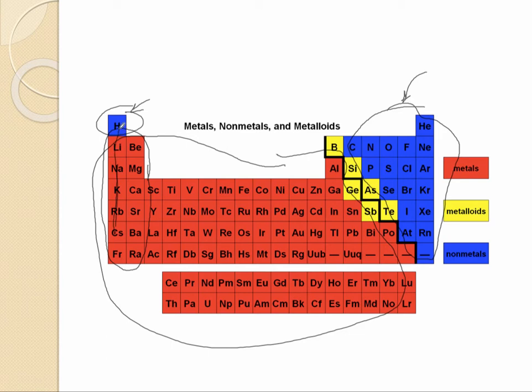It's put in this group on the periodic table because it has that one valence electron. So remember, group 1, 1 valence electron, group 2, 2 valence electrons, 3, 4, 5, 6, 7, and 8. If you notice, metals all have a smaller number of valence electrons. The nonmetals have more valence electrons.